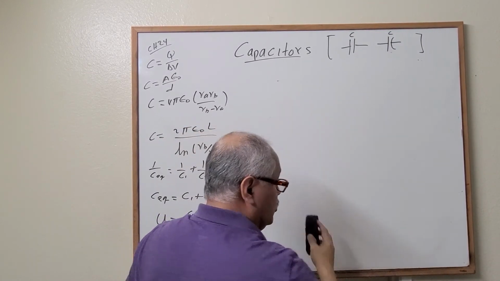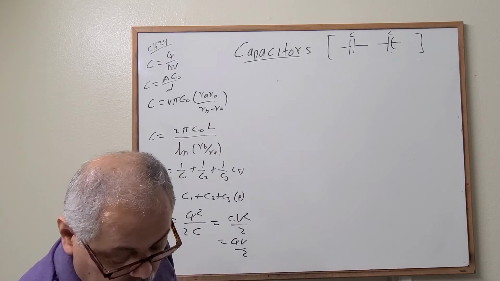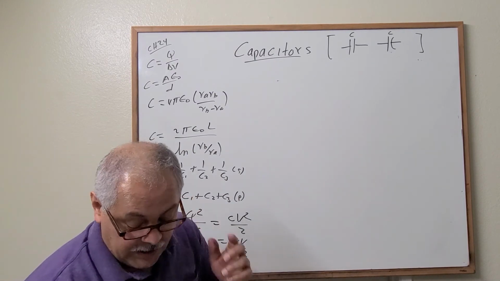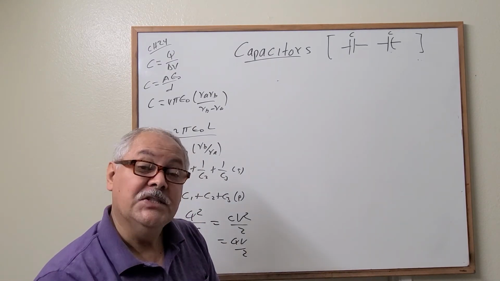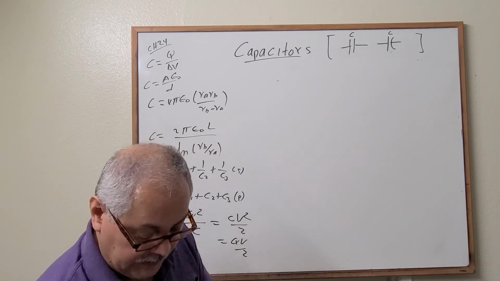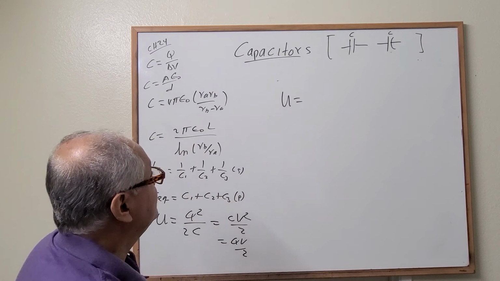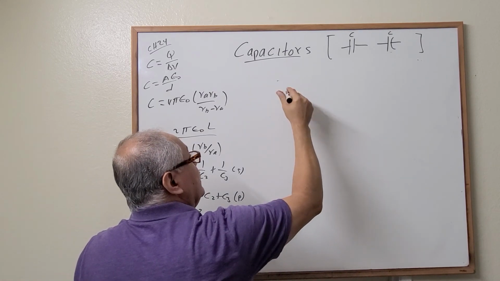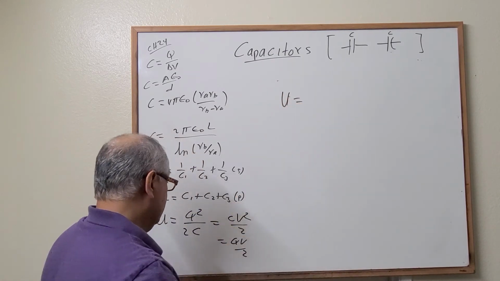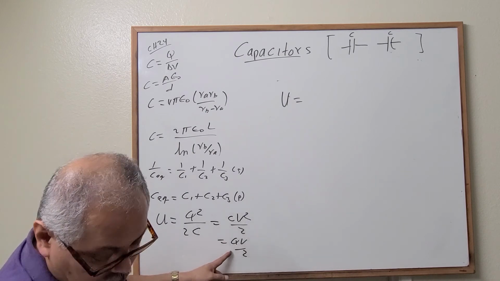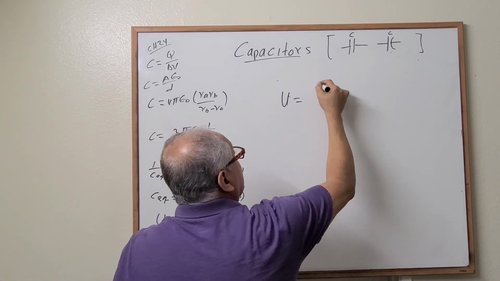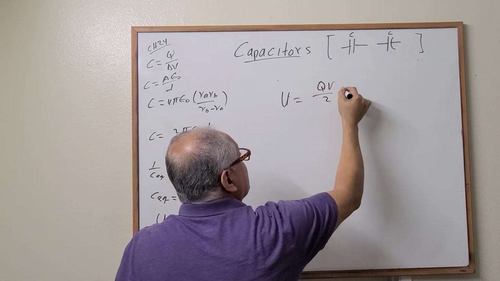Now let's go to the energy density, the electric energy density. Imagine that the energy stored in the capacitor is equal to charge times V over 2.